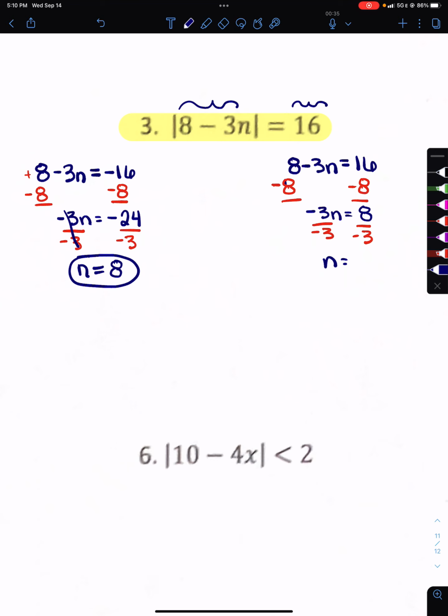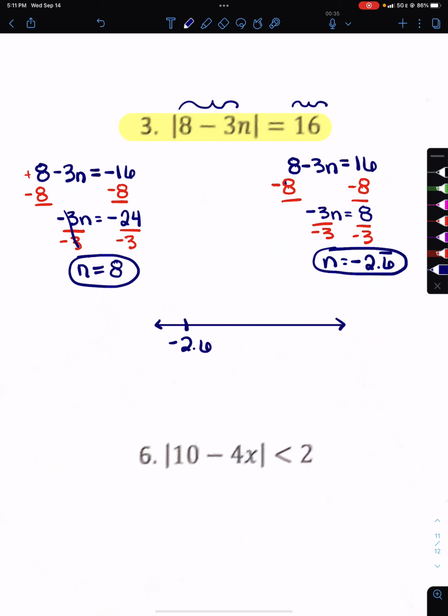And it is going to be negative 2.6 repeating. There's my second solution. So on a number line, negative 2.6 comes before 8, and they are both solutions. All right, let's go over to problem number 5.